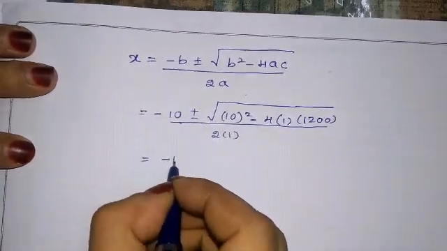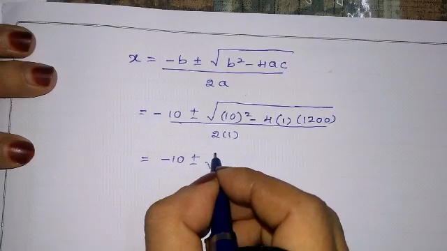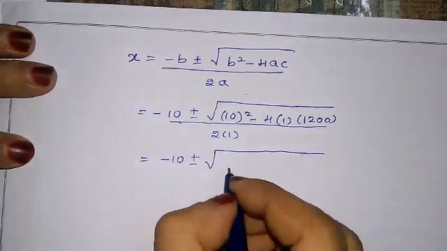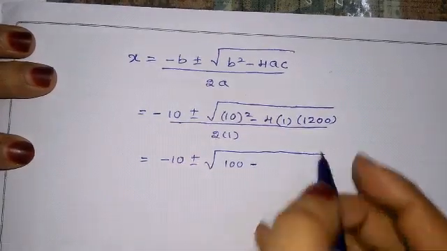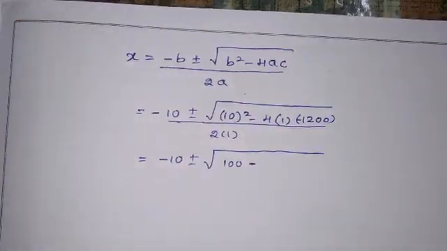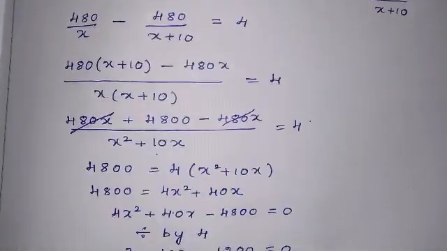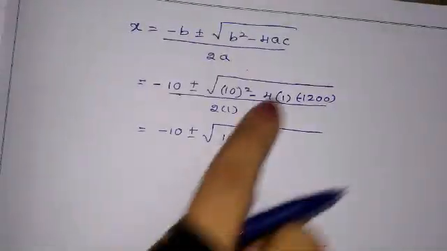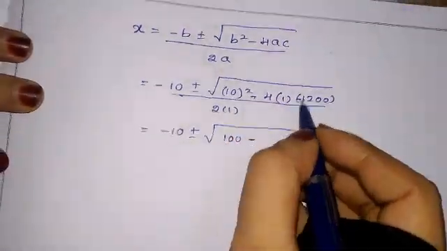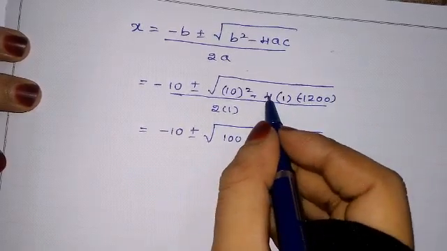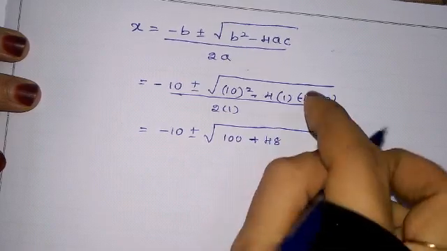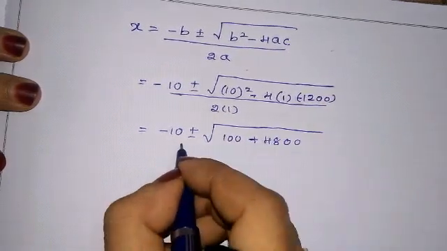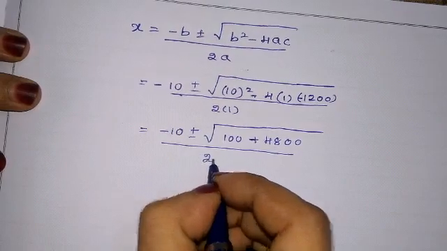So minus 10 will be as it is, plus or minus 10 square is nothing but 100 minus, here minus 1200 because c value is minus 1200. So here it becomes minus minus plus, 12 fours are 48, 2 zeros as it is, upon 2 ones are 2.